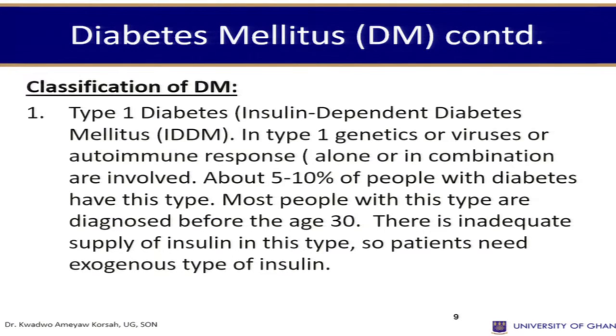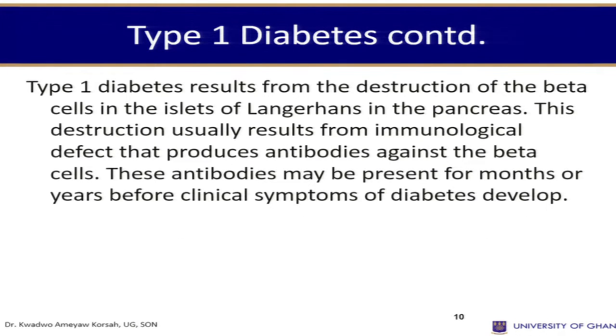About 5 to 10% of people with diabetes have type 1, and most people with this condition are diagnosed before they attain the age of 30 years, and there is inadequate supply of insulin in this type. So patients who are diagnosed as having this condition need exogenous or external insulin.